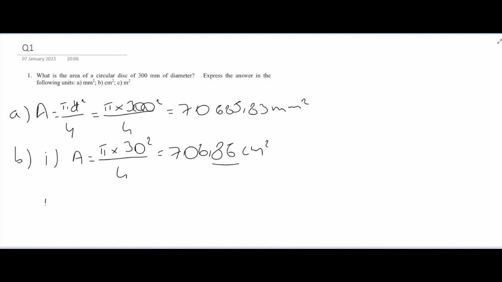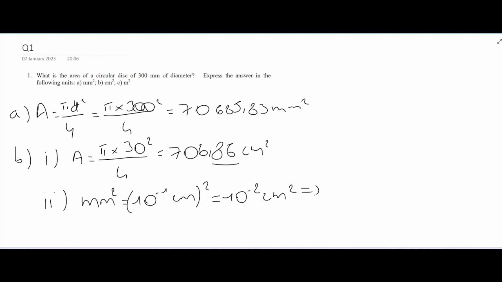And option 2 is, you know that a millimeter is 10 to the power minus 1 centimeter, right? So 1 millimeter is 0.1 centimeter. Now a millimeter squared means that it is 10 to the power minus 2 centimeter squared.